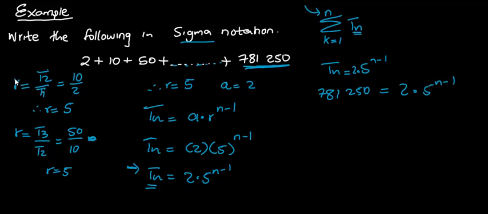So now we can solve for n. First thing first, we need to isolate n. Let's get rid of this 2. Divide both sides by 2. What do you get? This 2 cancels.